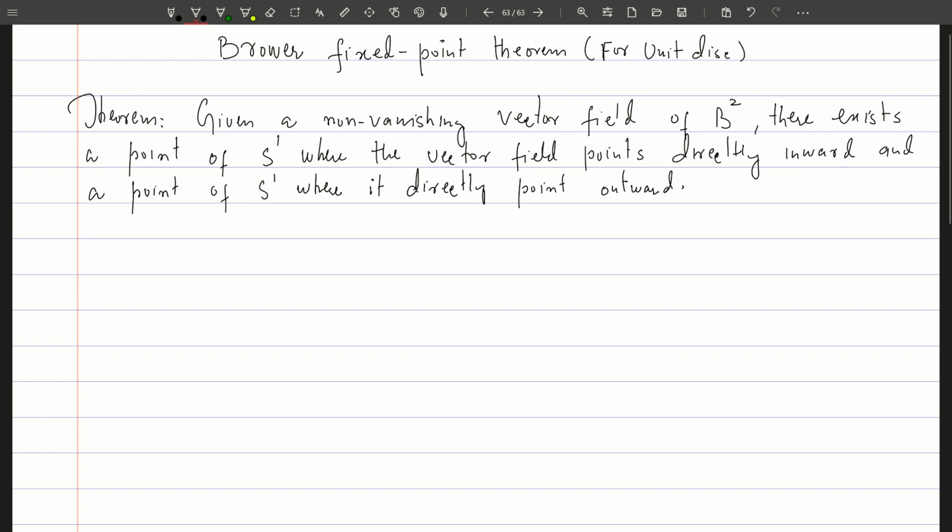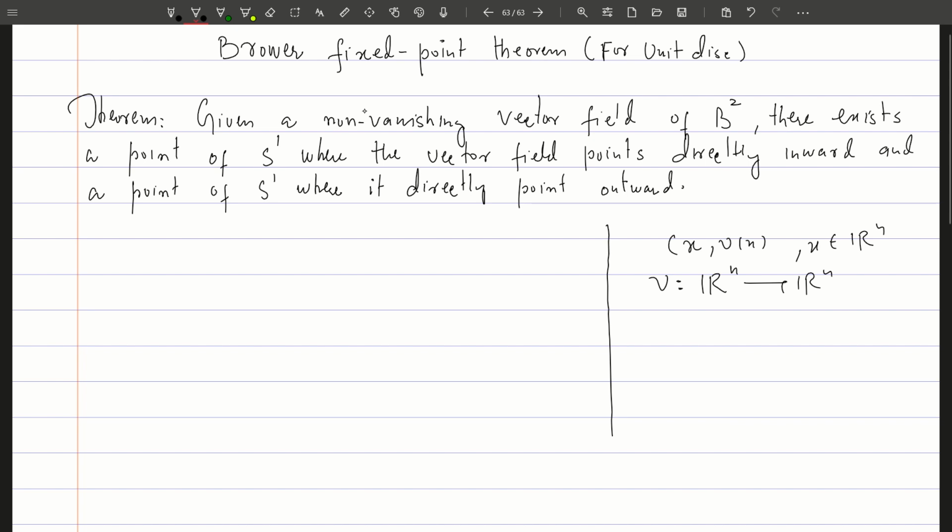Now, before proving this theorem, we just want to recall what we mean by a vector field. Actually, a vector field is an ordered pair x, vx, where x is some point in Rn and v is a function from Rn to Rn. It is a way of visualizing functions that have the same number of dimensions in their input as in their output.